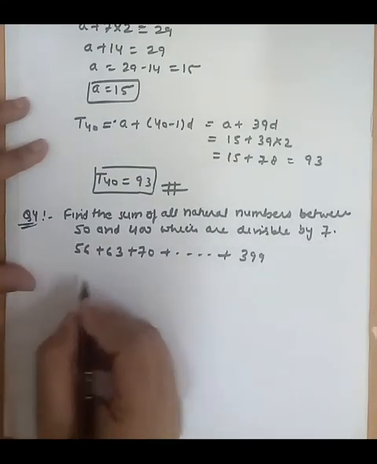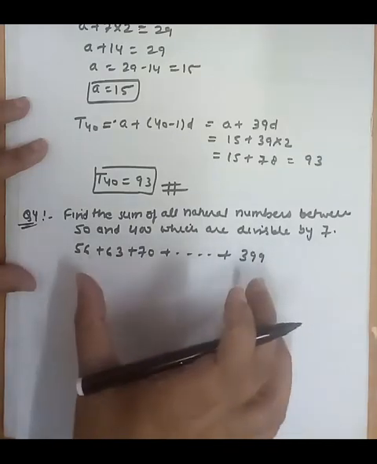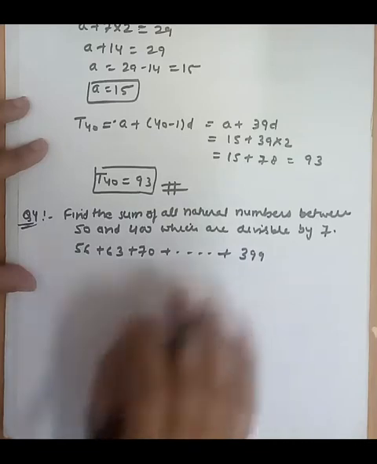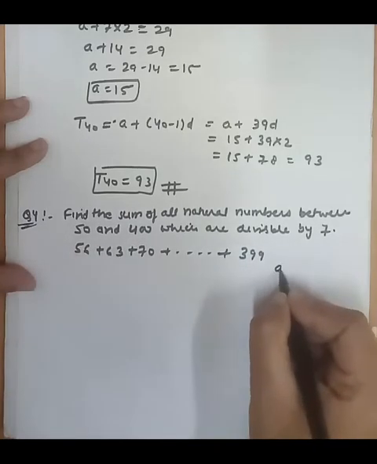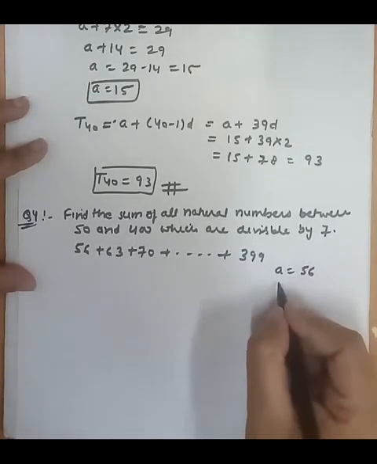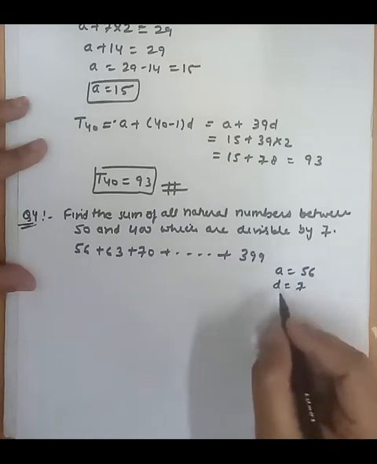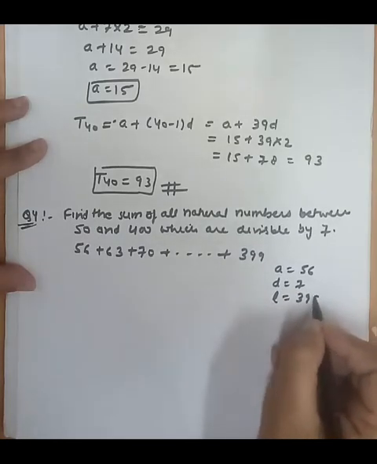So here we have to find the series. Here a is 56, and d is 7, the difference between the two numbers, and the last number is 399.